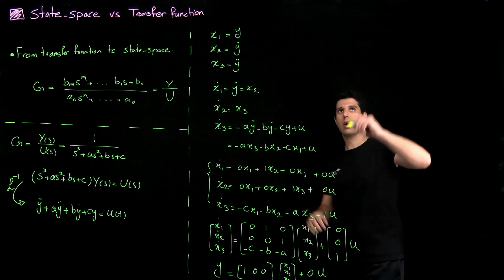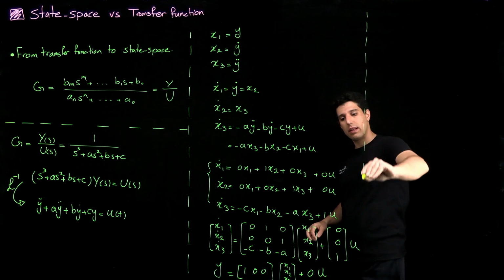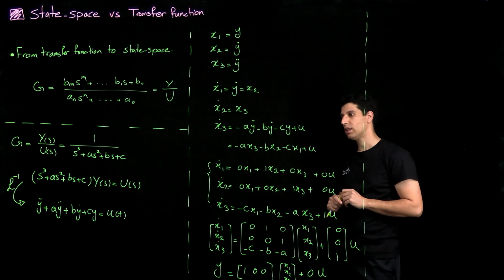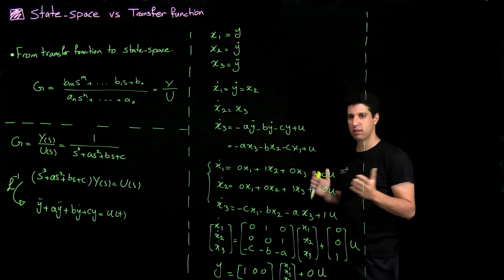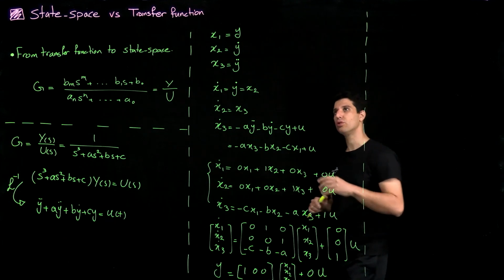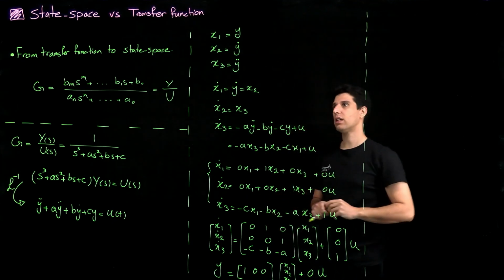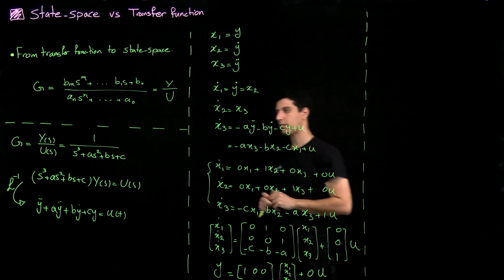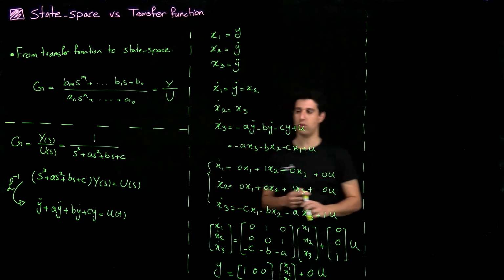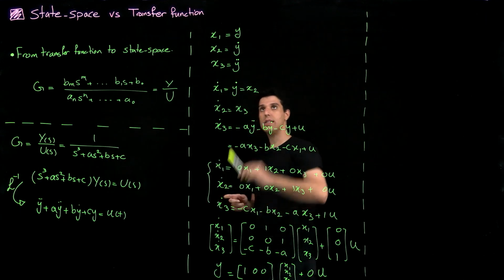So this is kind of an ad hoc method, where you have to use a little experience and a little brain power to know which states to choose such that things work out. In the cases that we don't have a state derivative, so the numerator of the transfer function is 1, it is easy.